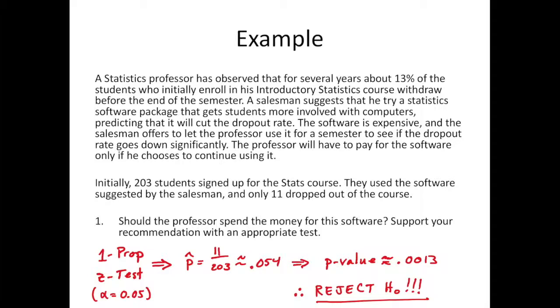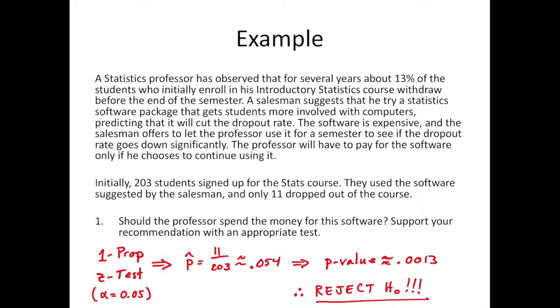So in that case, we do have at least 10 expected successes, and of course we'd have 10 expected failures as well. The independence assumption might be violated here because this isn't necessarily a random group of students. It's 203 students from the same school who have enrolled in the same stats course. So that independence assumption could be brought up in our post-work analysis.